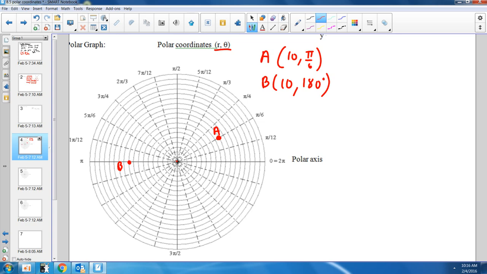All right, it's not so bad right now, but you can also figure that you can have negative angles and negative R's. And that's when things get a little bit tricky in terms of graphing. So, for example, if I had a negative 4, negative pi over 3.